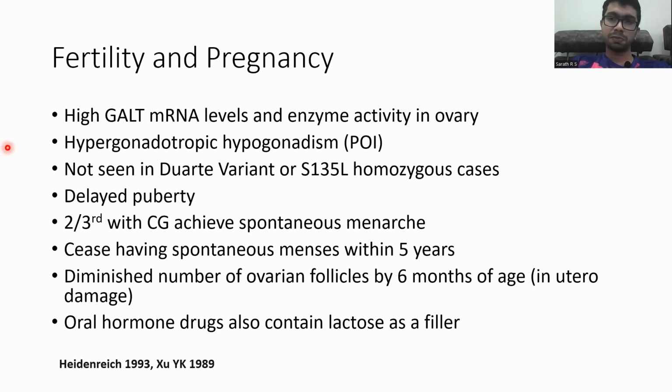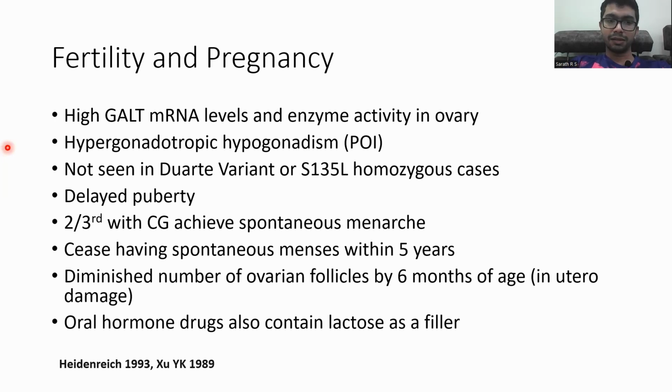Even those patients who achieve spontaneous menarche will have spontaneous cessation of menses within 5 years. This is not seen in clinical variant of galactosemia as well as in the Duarte variant. So only the most severe version of galactosemia, that is classical galactosemia with less than 1% of enzyme activity, will have this complication.